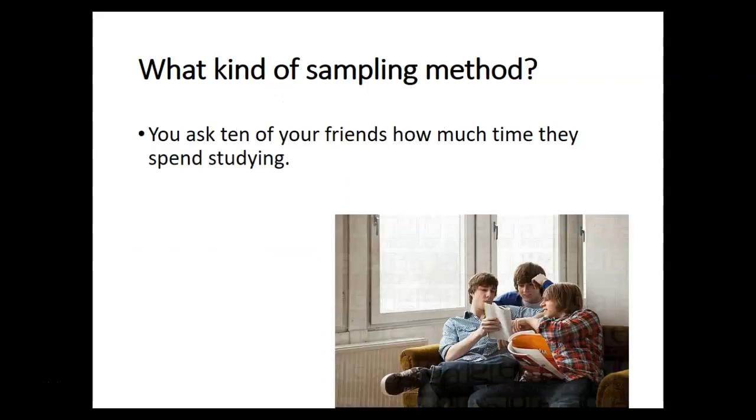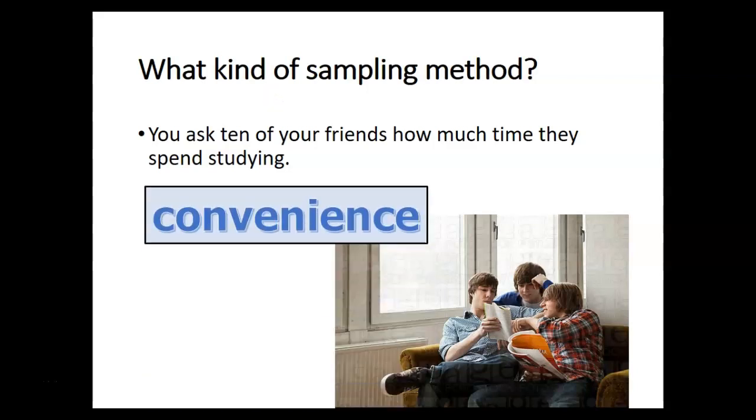What about if you ask 10 of your friends how much time they spend studying? Well, that would be an example of convenience sampling. And can you see why that might not be the best way if you want to find out, like, how much time do college students spend studying in general?